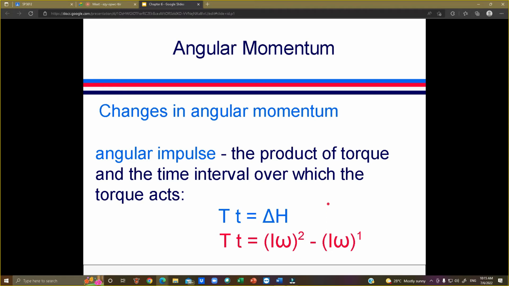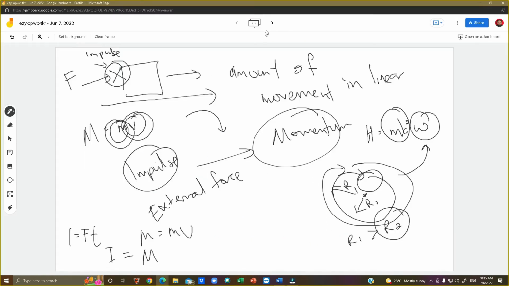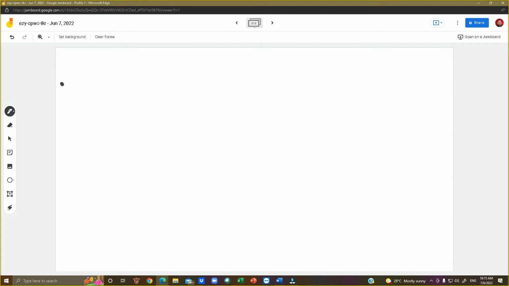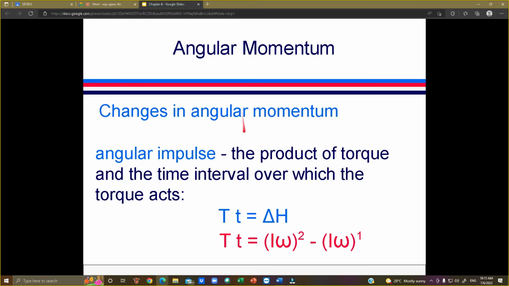However, if we take a look at the definition for linear, the correlation between impulse and momentum linearly, Ft equals mv, this correlation is also true for angular impulse. So we have angular impulse. This is the angular impulse.